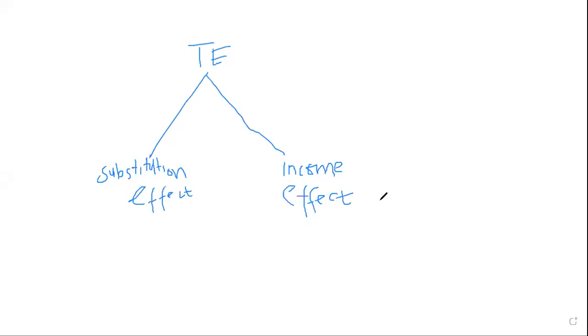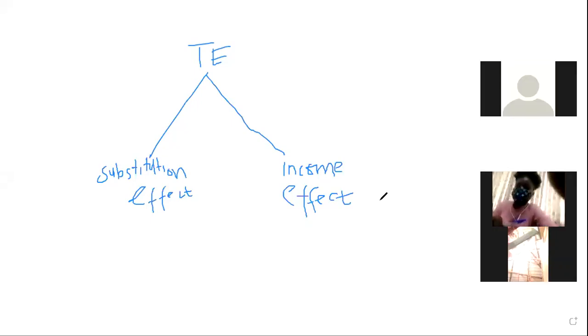So what I want to do now is explain what each of these two effects is. We'll look at what the substitution effect is, and then we'll look at what the income effect is. Note that it is the combination of these two effects that gives us the final effect, or the total effect, of a price change on quantity consumed.